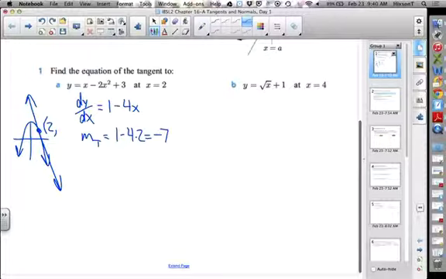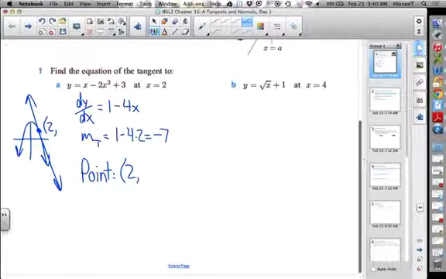The other thing I need is a point. What point am I actually going to be tangent at? The contact point. Well, I know it's 2 something. So what am I going to do? Point slope. That's how we'll get our equation, use point slope form.